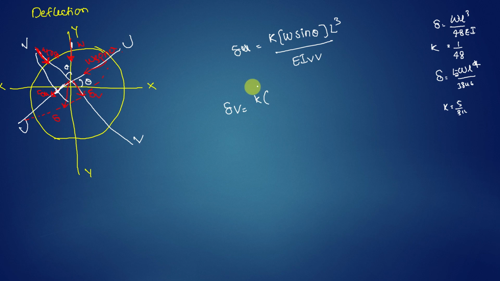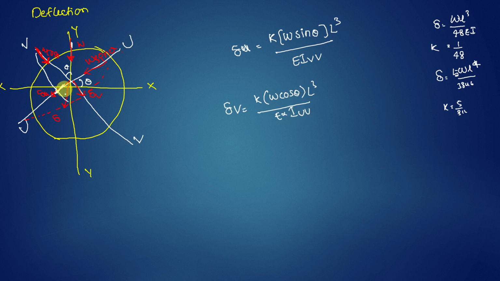Here, this W cos theta into L cube by E is the deflection, into the moment of inertia along v about the u axis, I_uu.